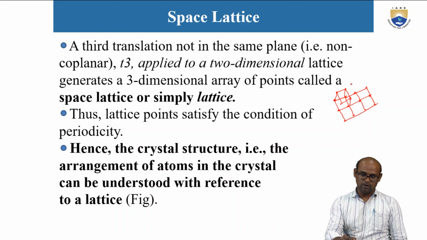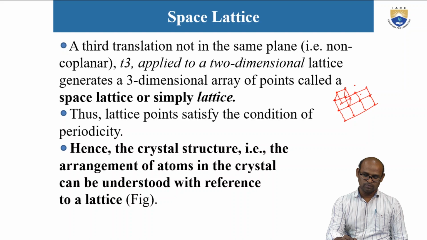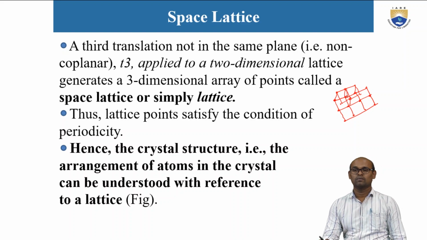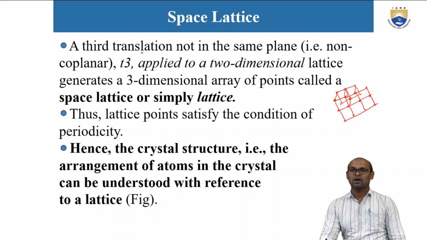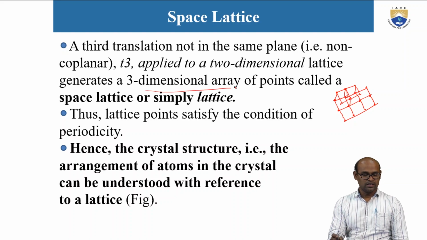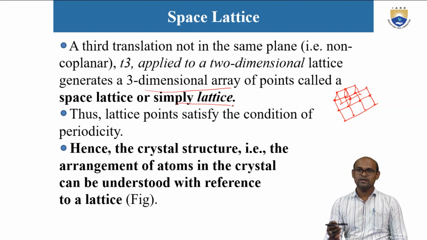Okay, so if you keep on doing this, then we will be able to generate a three-dimensional network of points. So a third translation not in the same plane, applied to a two-dimensional lattice, generates a three-dimensional array of points called a space lattice, or simply lattice, right?